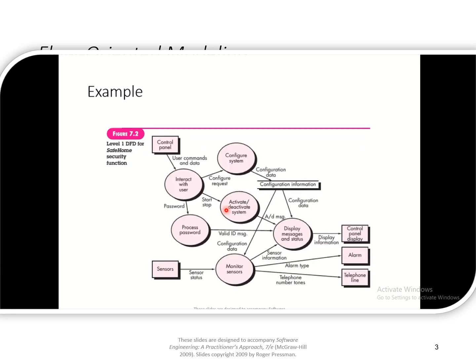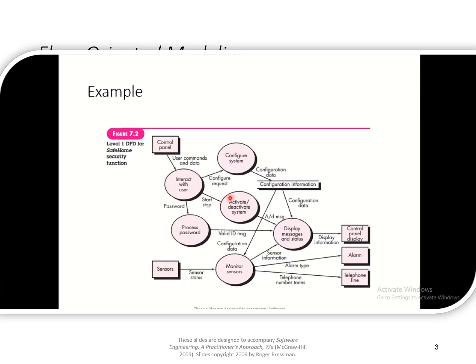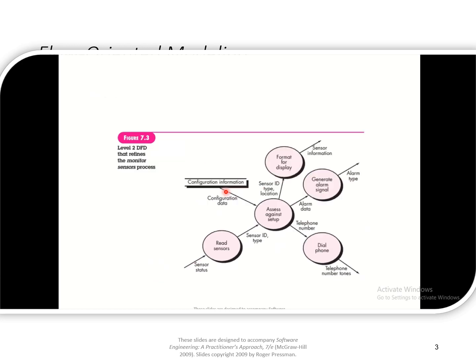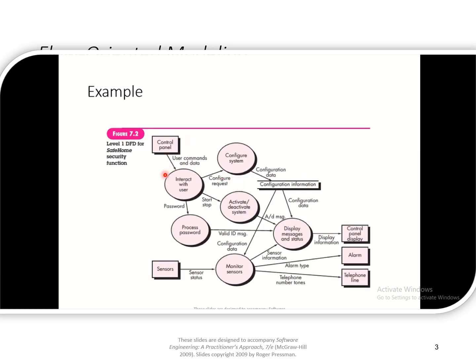Further, in level 1, if you can visualize, user commands can be of several types towards the main system. So you can see that this process is divided into further sub-processes. Like from the control panel, we need to see the user commands and data that interact with the user, or that can be used to configure the system.